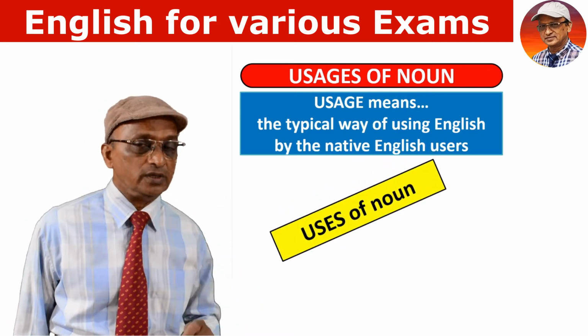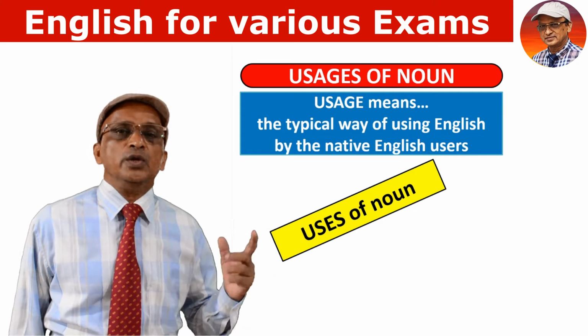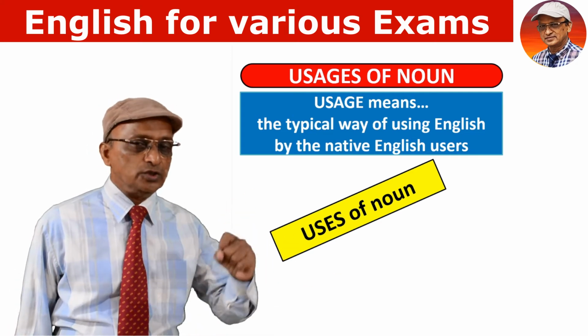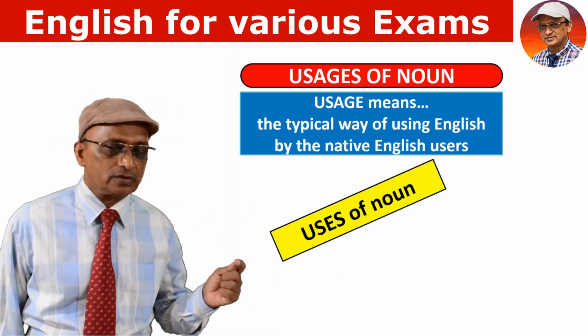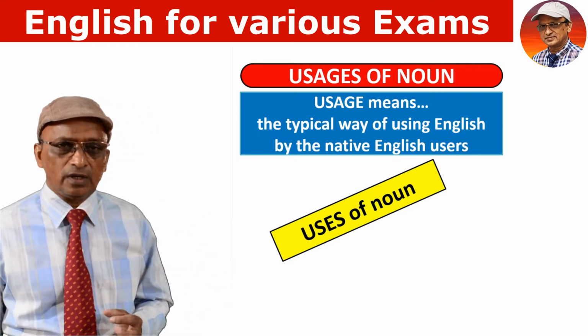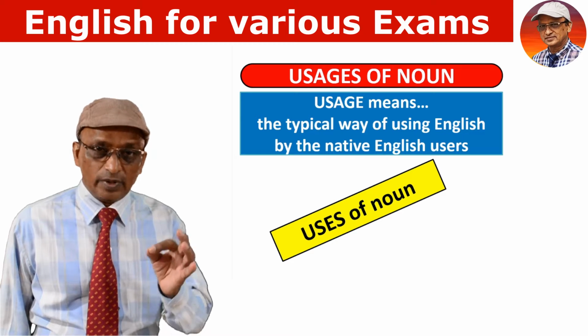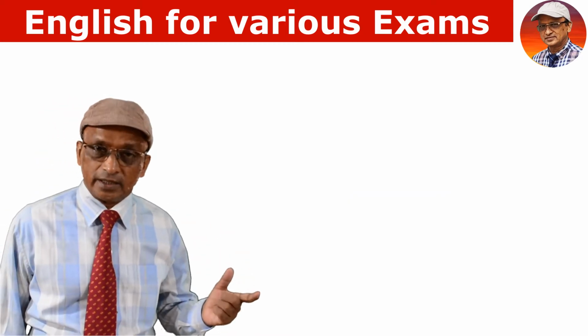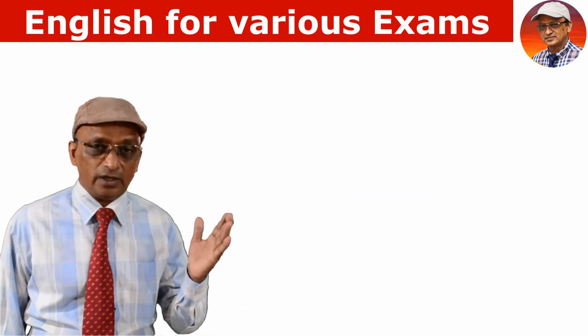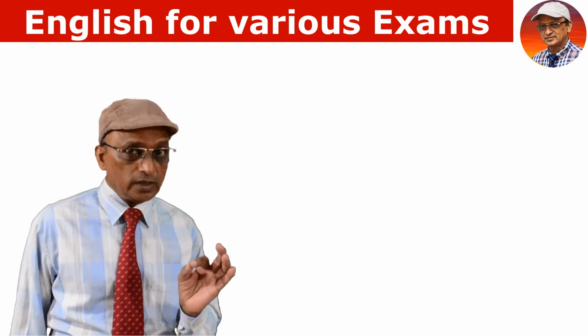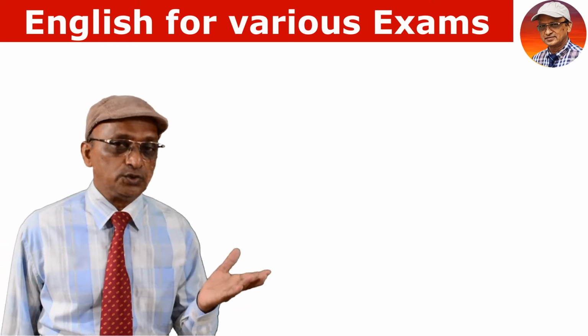It really means the way in which the native English users use their language. Native English users are the people whose mother tongue is English. For example, people of England and people of America, their mother tongue is English, and that's why the way they use English is known as the usage.